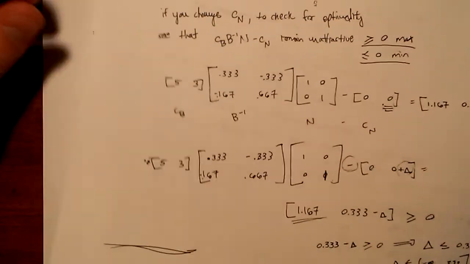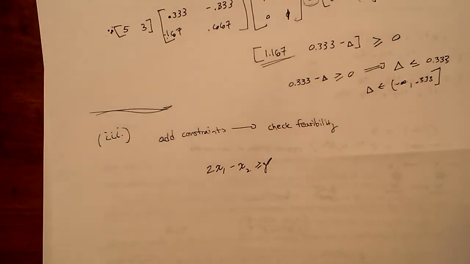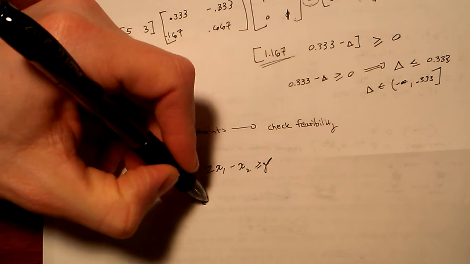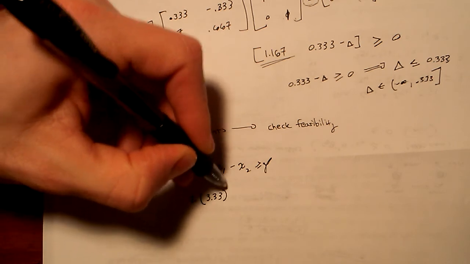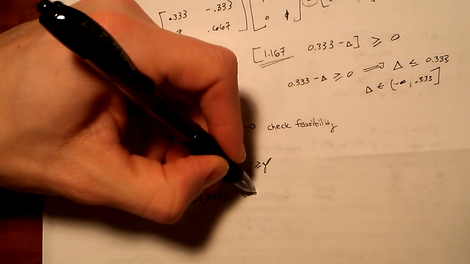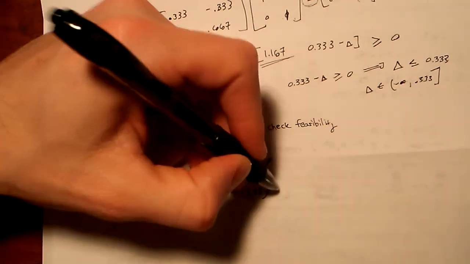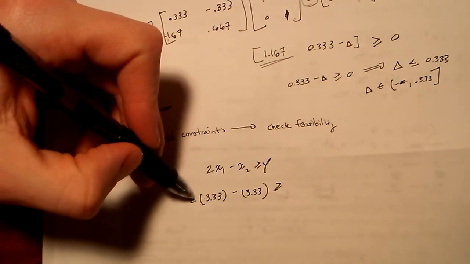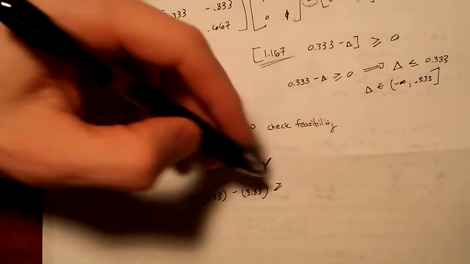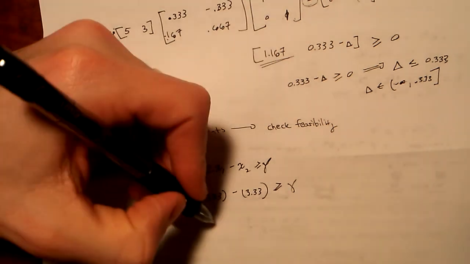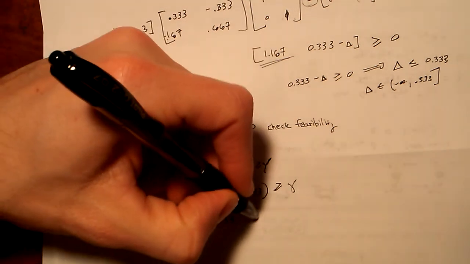So let me go back to my constraint. That means my current x1 and x2 values are 3.33 and 3.33. So the question is, when is 2 times 3.33 minus 3.33 greater than or equal to gamma? Well, this is just 3.33.